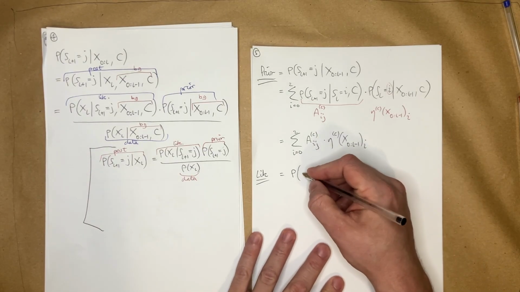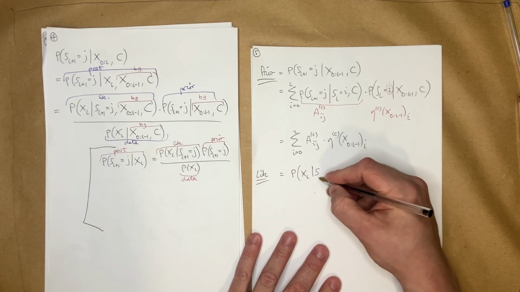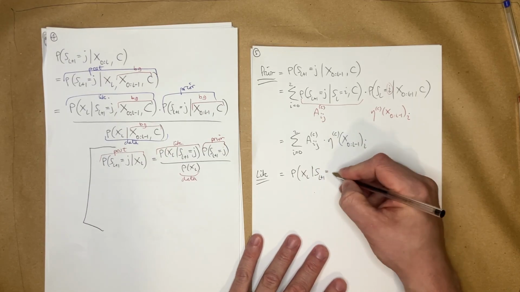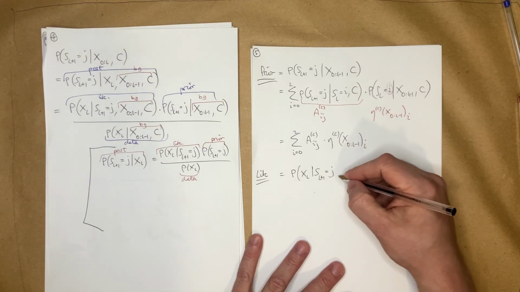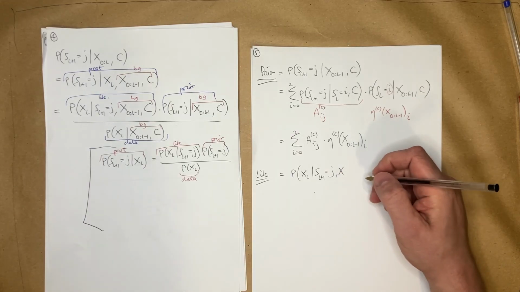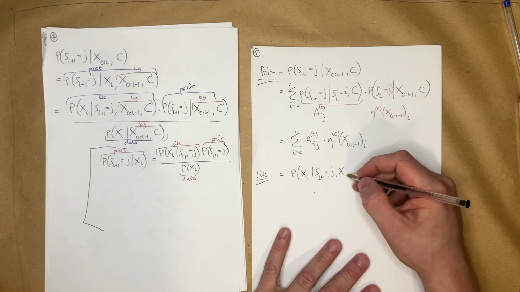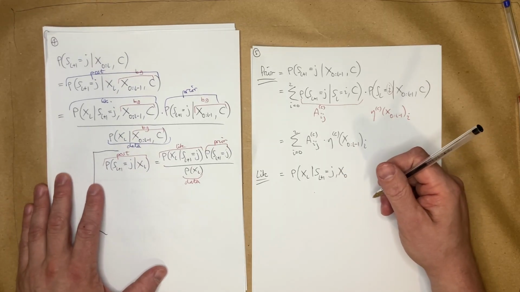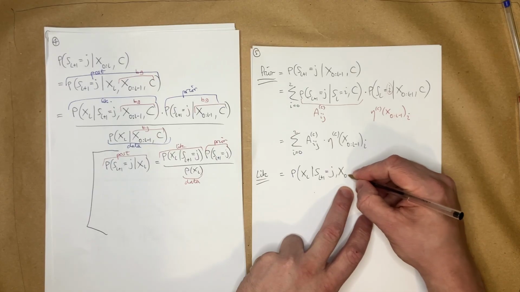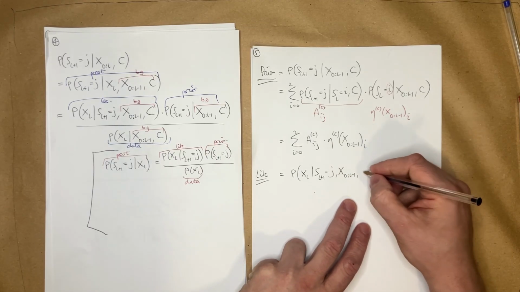It's equal to the probability of getting the token XL, given that the hidden state is equal to J, and the tokens from 0 to L minus 1 and C.